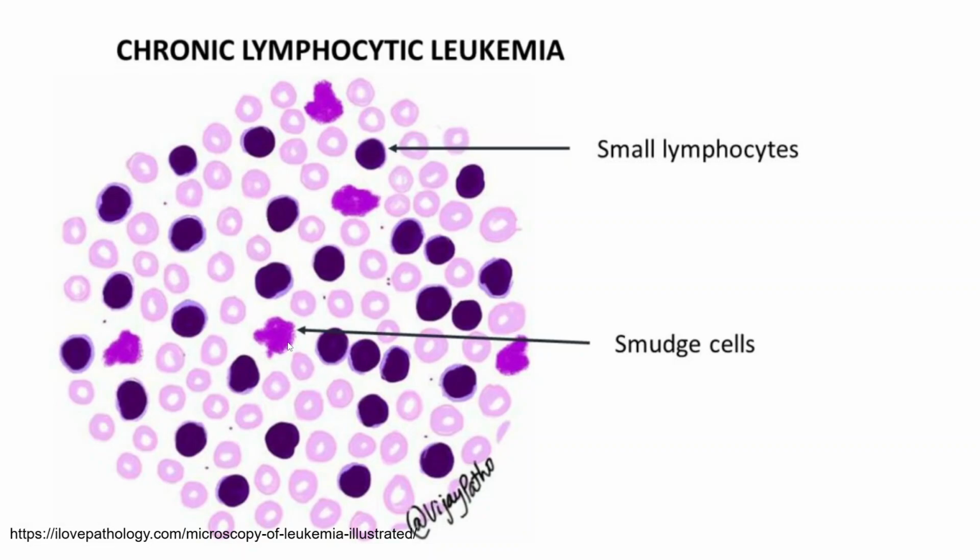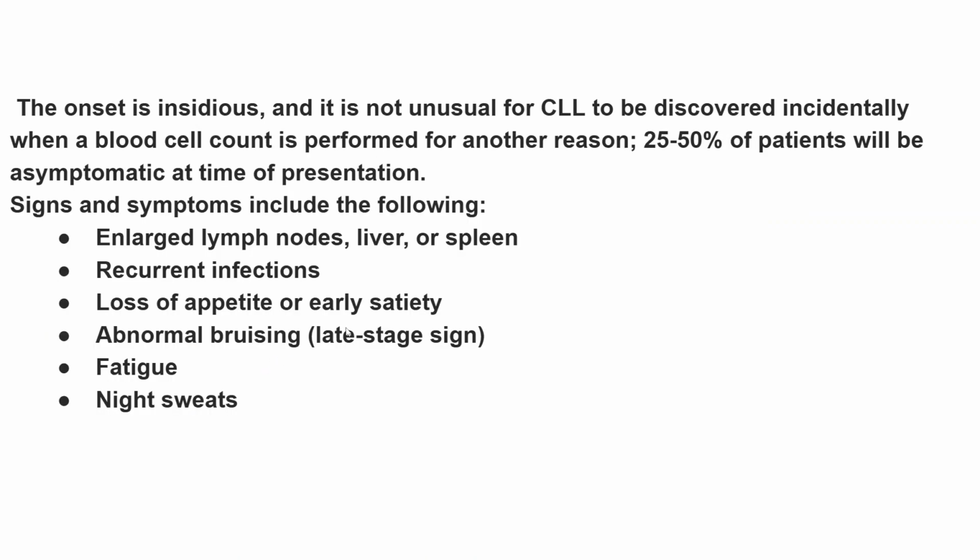Some of these peripheral smears may show abnormal lymphocytes called smudge cells, which do not have a nucleus and do not take any acidic stain. That's the typical feature. Typically, chronic lymphocytic leukemia has an insidious onset, and most of the times there would be no other symptom.